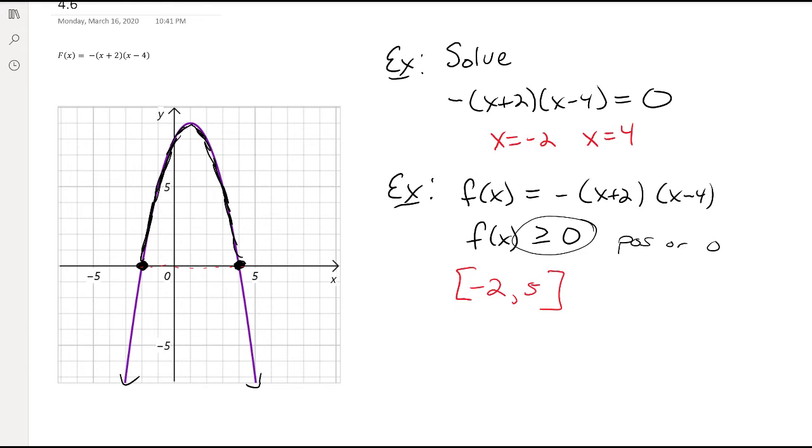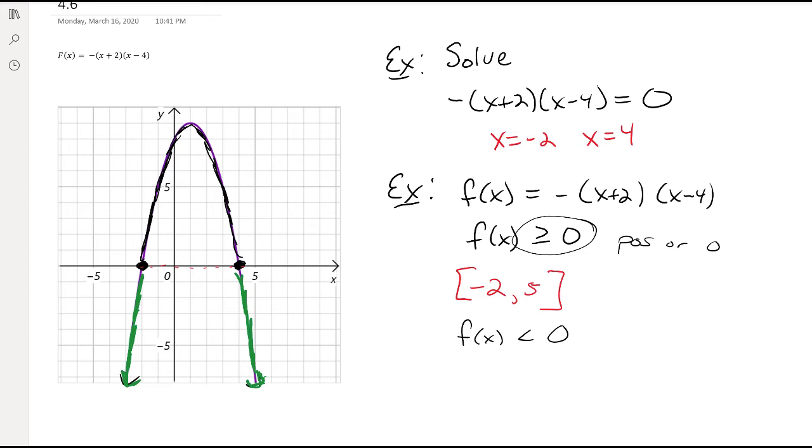What if instead the question said, for what values of x is f of x strictly less than 0? Now we're talking about the values of x such that the parabola is below the x-axis. You see that? And what would that answer be? Remember we're talking about x values.